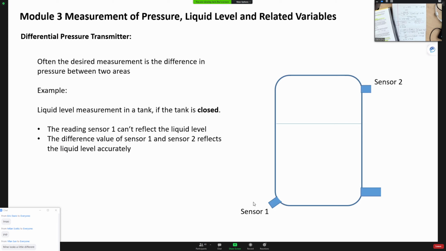So you need two sensors. One is at the top to measure the pressure of the gas or air above the liquid. The second sensor is at the bottom of the tank to measure the pressure down there. Then you subtract the pressure measured by sensor 2, and then you can calculate the liquid level.